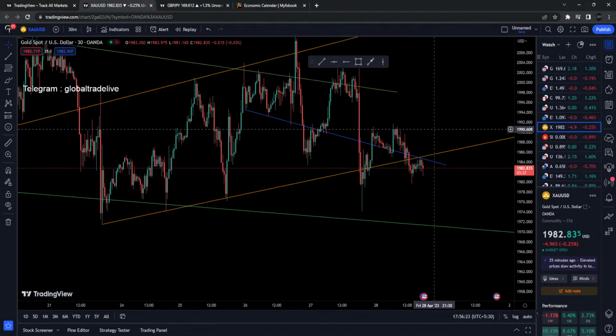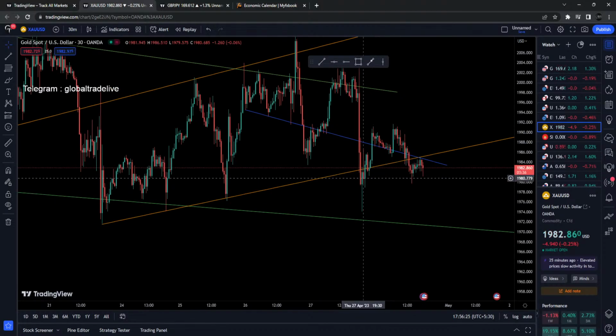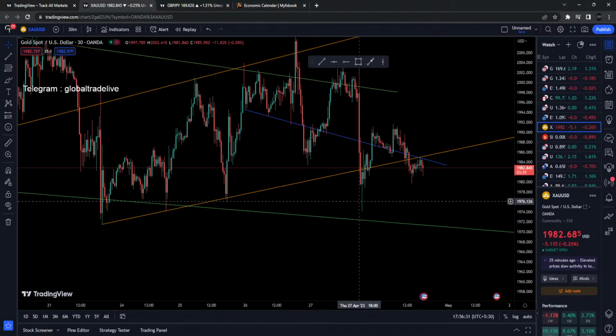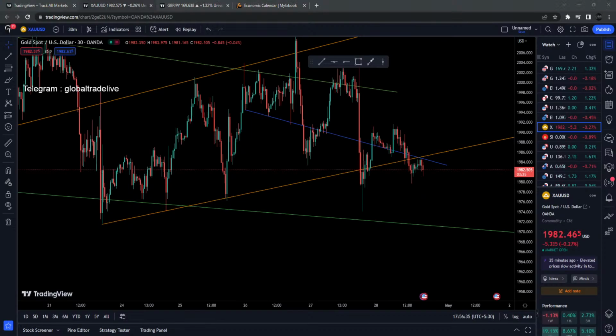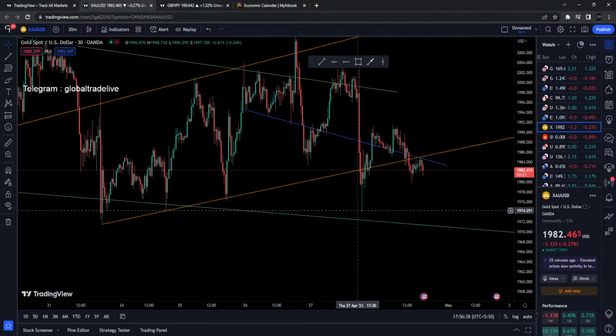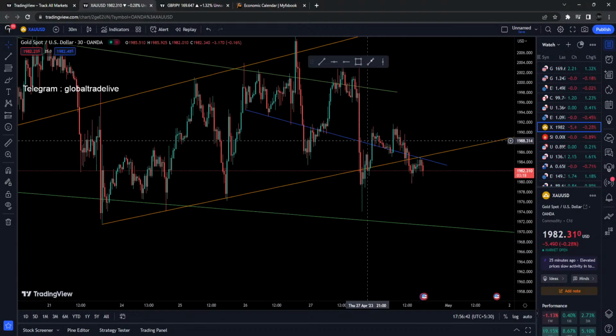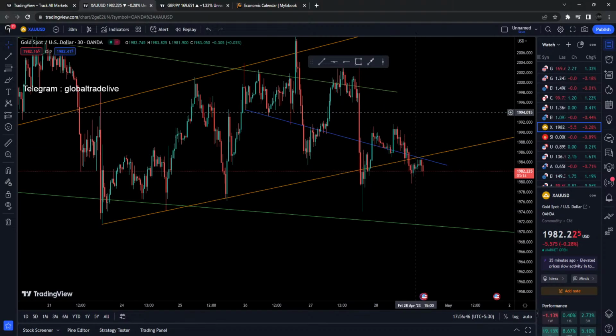The reason is that the market came down and it came very nearby to this green trend line, and after that it rejected the lower prices, and after that it went straight back inside this channel again.